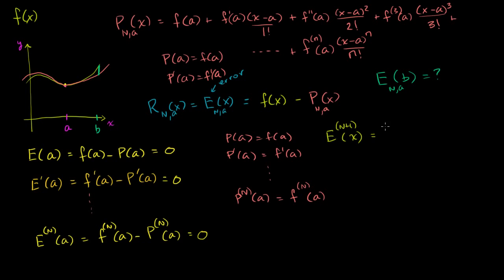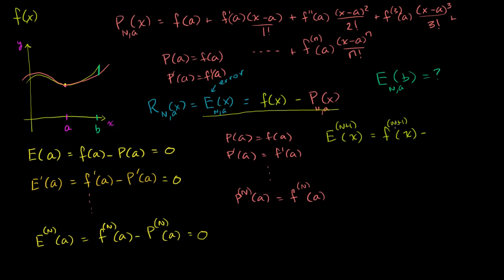Well, it's going to be the n plus 1th derivative of our function minus the n plus 1th derivative of our function, we're not just evaluating at a here either. Let me write x there. I'm literally just taking the n plus 1th derivative of both sides of this equation right over here.